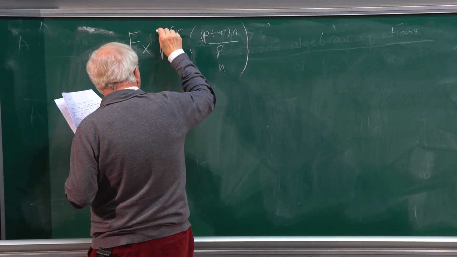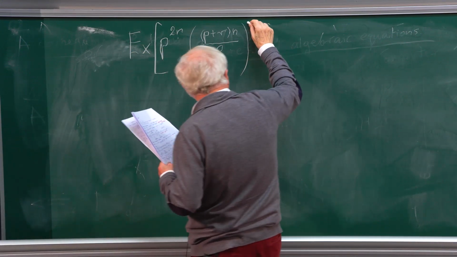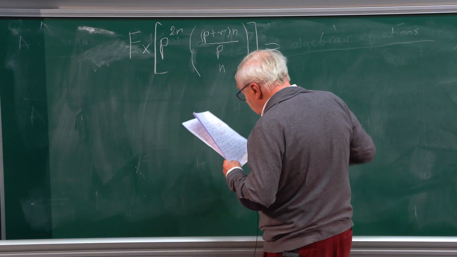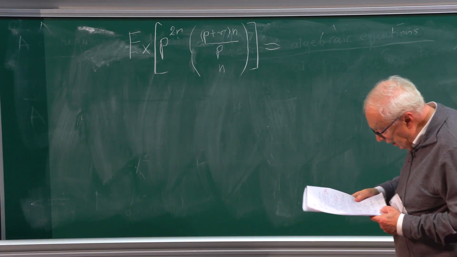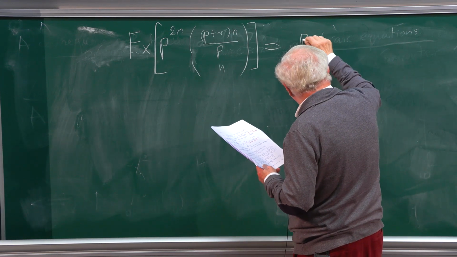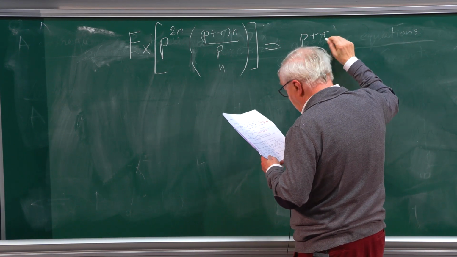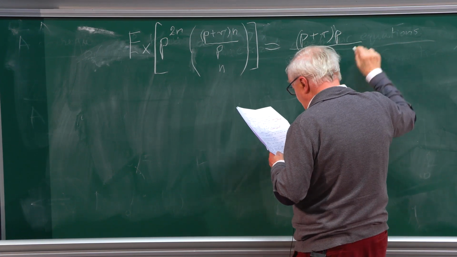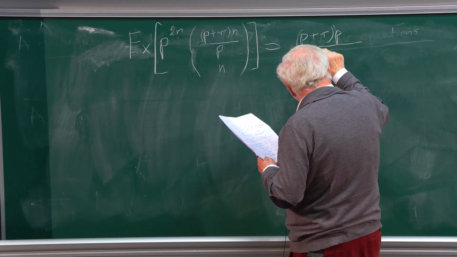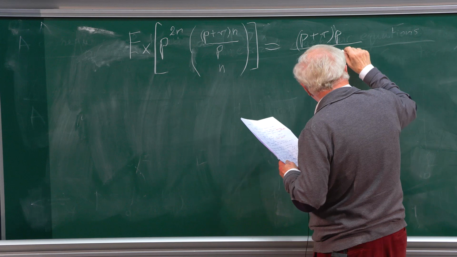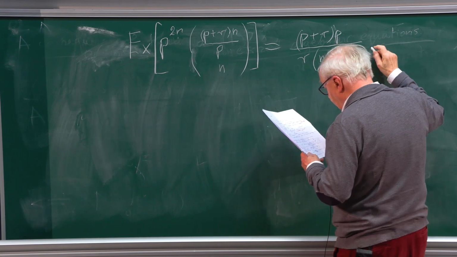So now I will give you the result of a transformation of type X. The result is slightly more complicated: it's r divided by (p plus r) times binomial (p plus r)n plus 1, plus p.